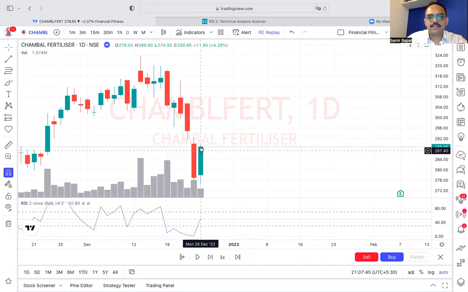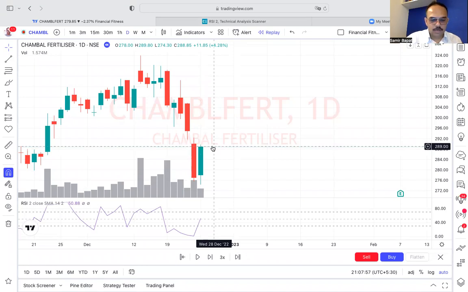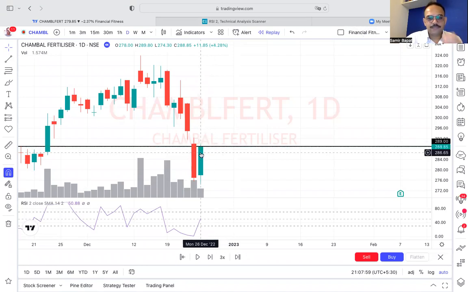So maybe next day at 3:30 you can check whether it has gone above 5 or not. If it has gone above 5 at 3:30, near the closing price, we buy. Let's say I bought on 26th December, it has gone above 5, so I have bought here. And where is my stop loss?